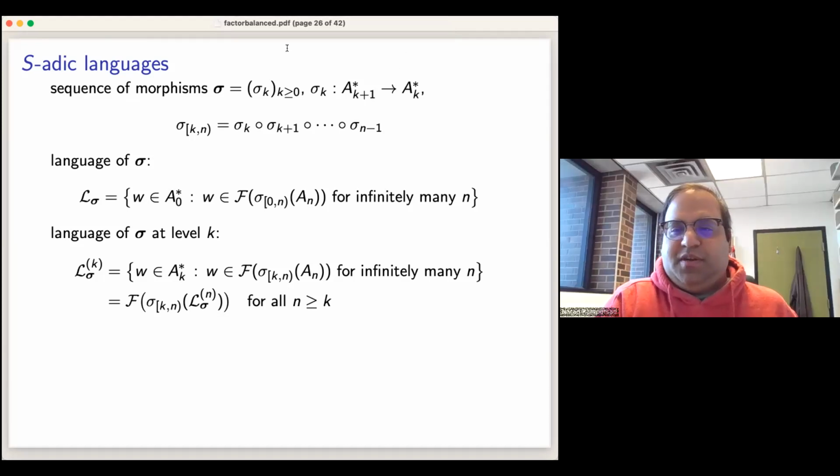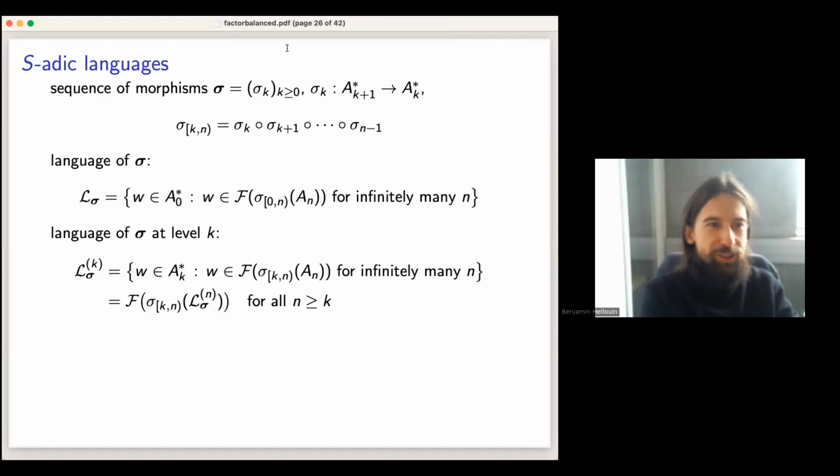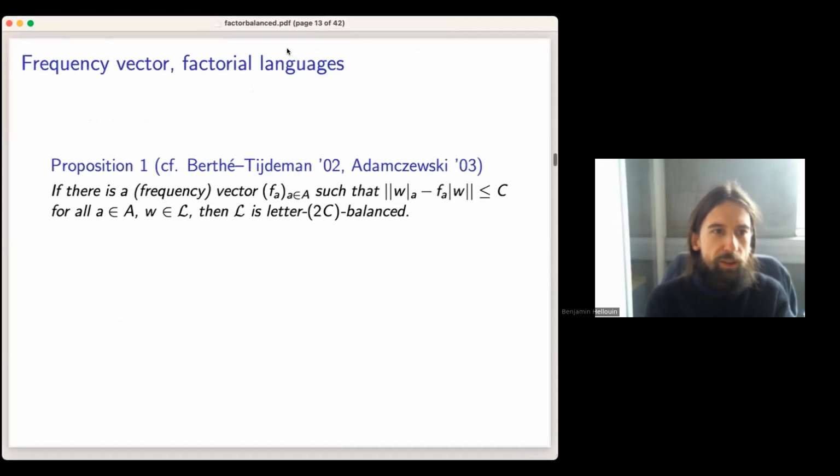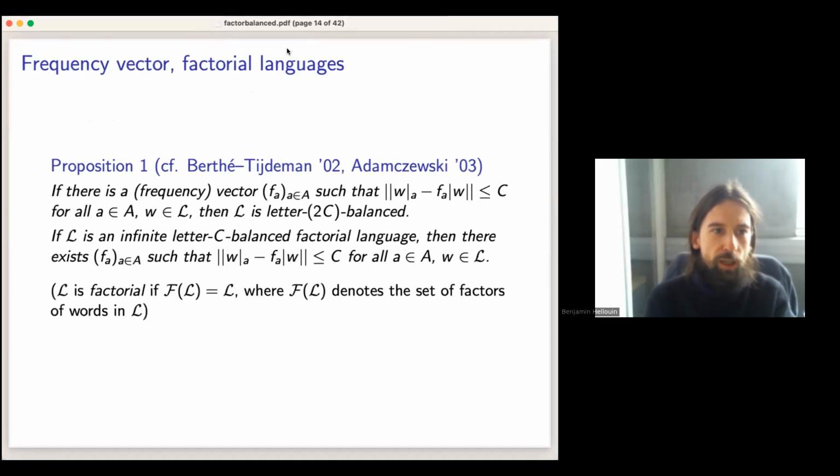Benjamin, question? Yes, bonjour Wolfgang, bonjour Leo, merci pour l'exposé. My question was, when I saw your slides with the frequency vector, I wondered if being factor balanced had anything to do with having a unique shift invariant probability measure.